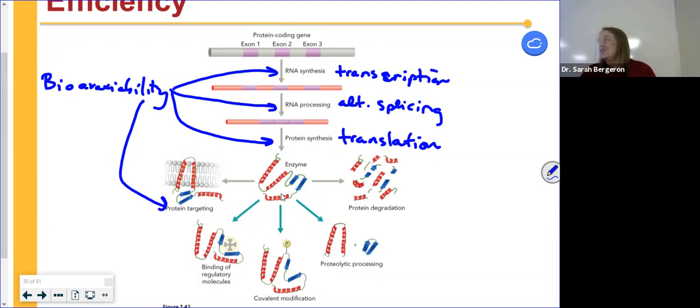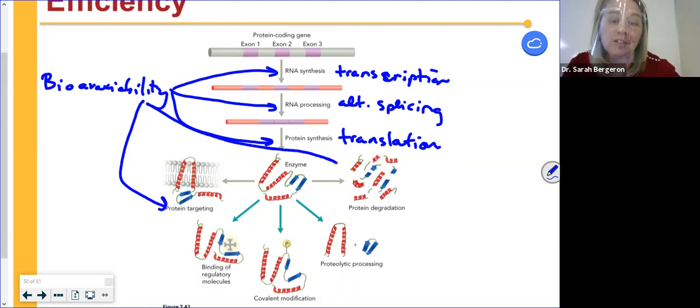What's another one we've talked about? How long that protein lasts, right? It could last for a long time, or we could degrade it really, really quickly. So rate of protein degradation is another bioavailability.